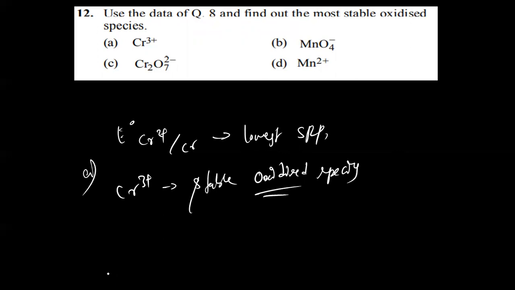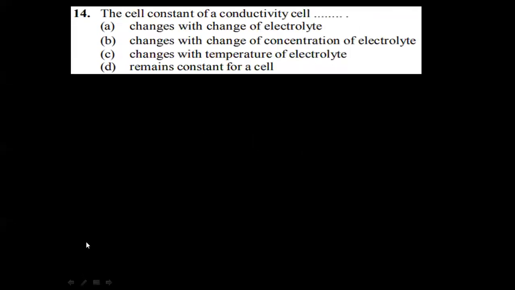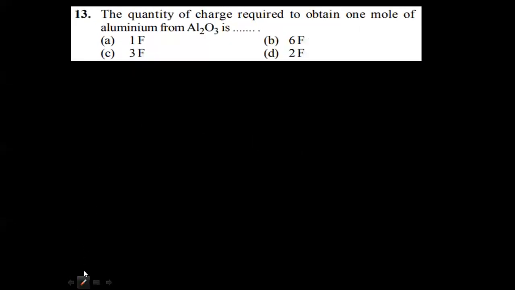Then question number 13. The quantity of charge required to obtain 1 mole of aluminium from Al2O3 is. So we can write the ionic equation of Al3 plus. You know that aluminium carries a 3 plus charge in aqueous form.